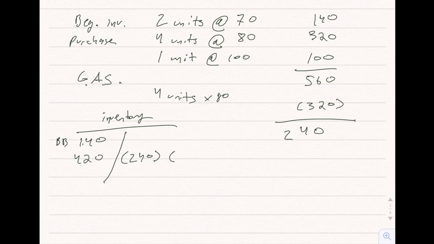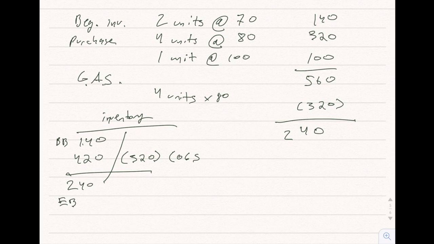Remember, cost of goods sold brings down inventory, reduces it, right? Because they're no longer in your balance sheet. Oh, I'm sorry. This should be 320. 560 minus 320 is 240. That is your ending balance.